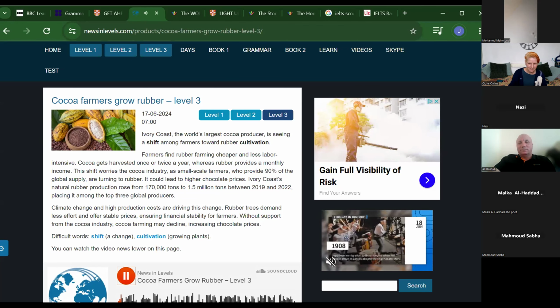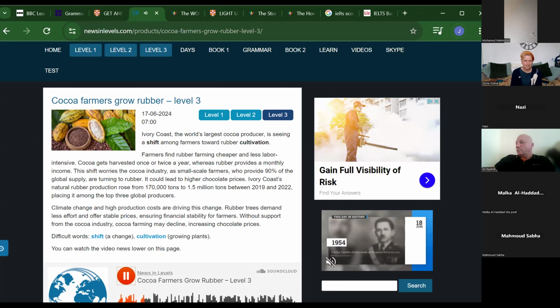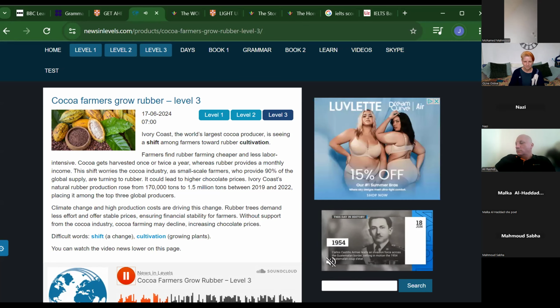Ivory Coast, the world's largest cocoa producer, is seeing a shift among farmers toward rubber cultivation. Farmers find rubber farming cheaper and less labor-intensive. Cocoa gets harvested once or twice a year, whereas rubber provides a monthly income. This shift worries the cocoa industry, as small-scale farmers, who provide 90% of the global supply, are turning to rubber. It could lead to higher chocolate prices.